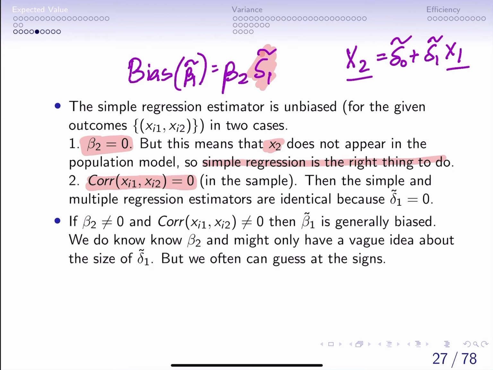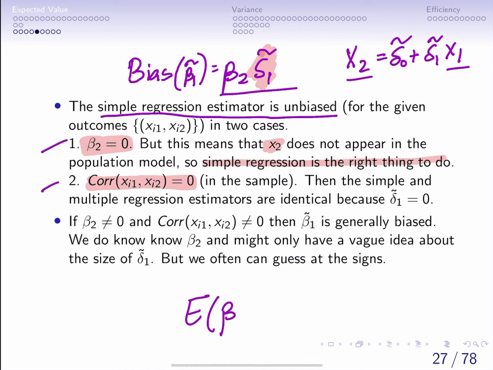So if either of those hold, then the bias disappears, and in the simple linear regression case, the estimator becomes unbiased. In other words, the expected value of beta 1 tilde will equal beta 1.